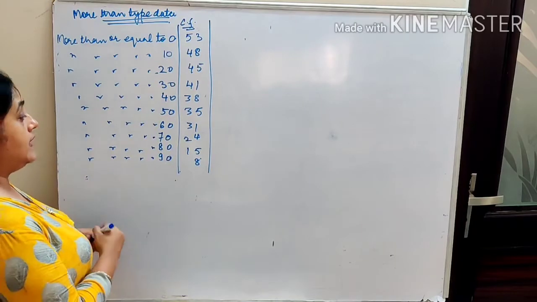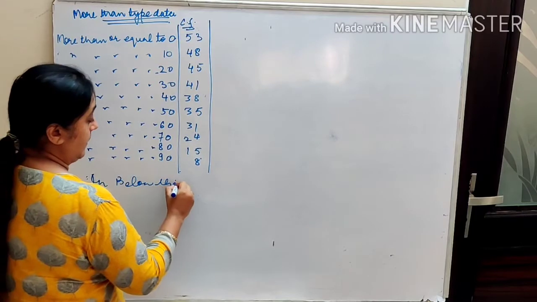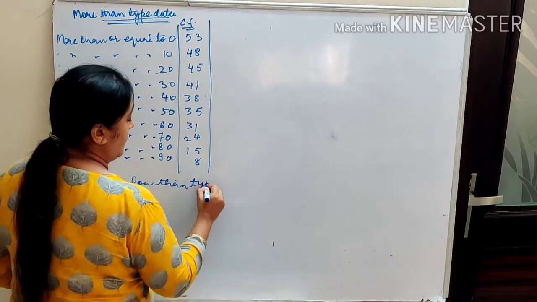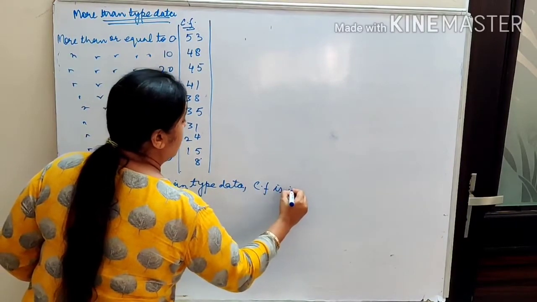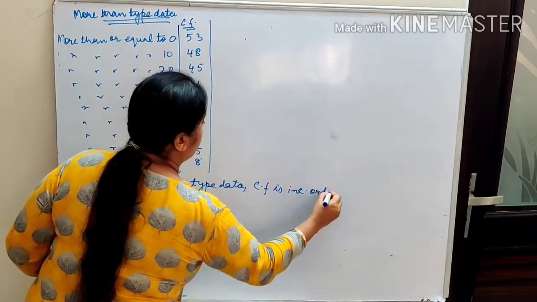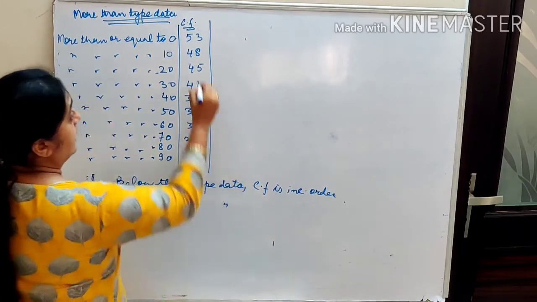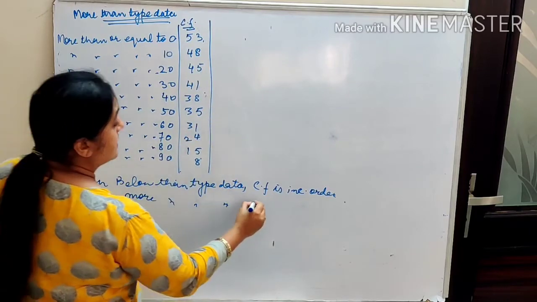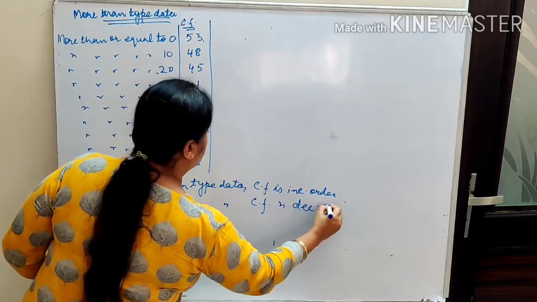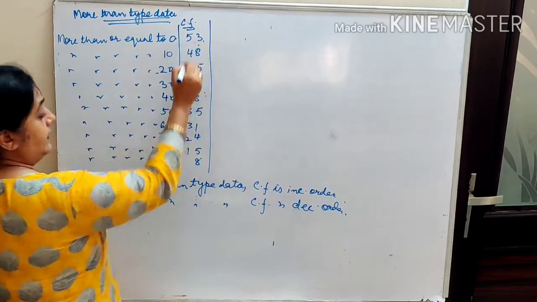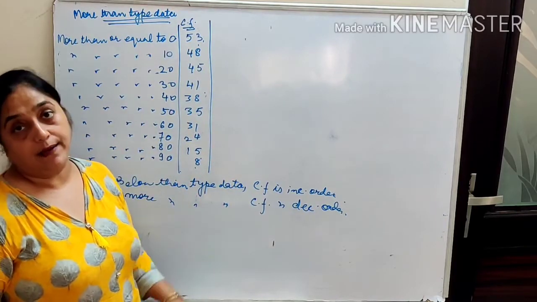In that below than type data, you remember, CF is in increasing order में था, और more than type data में you just check it out. Here also the frequency is given in the form of cumulative, but it is in the decreasing order. It started from 53 and end up with 8. 53 से start हुआ 8 तक end up, right?